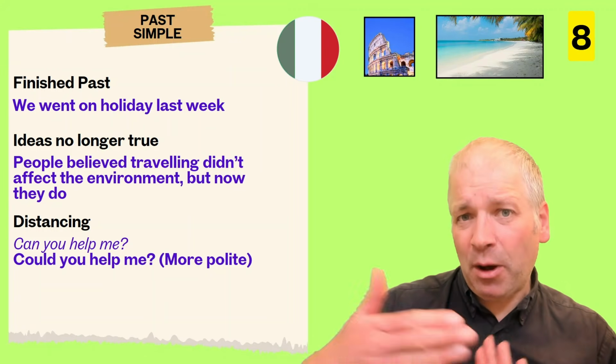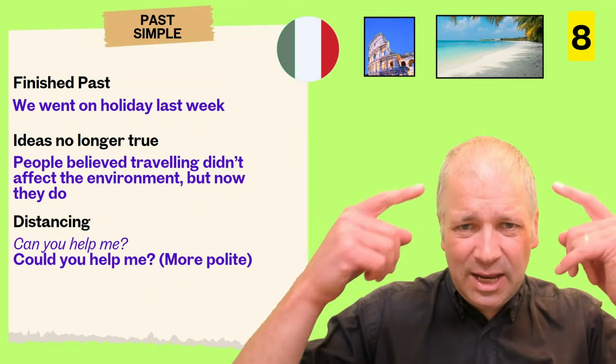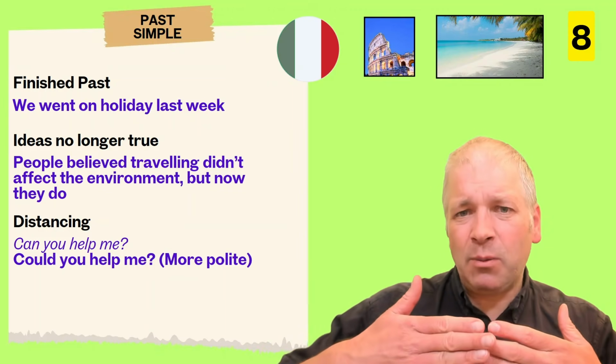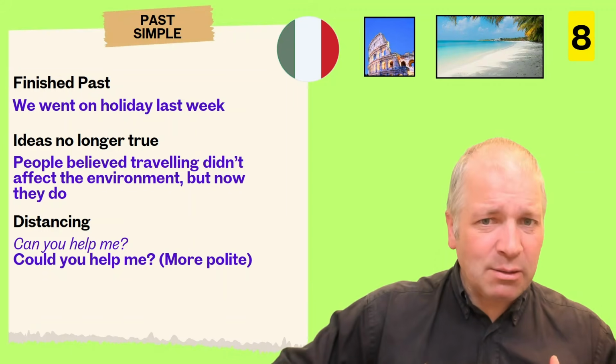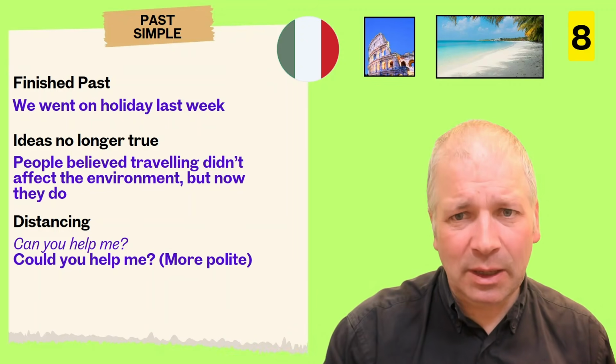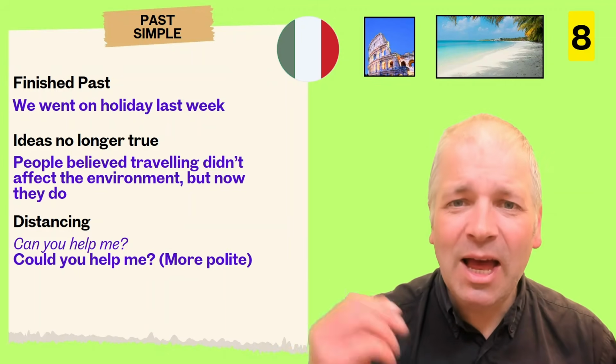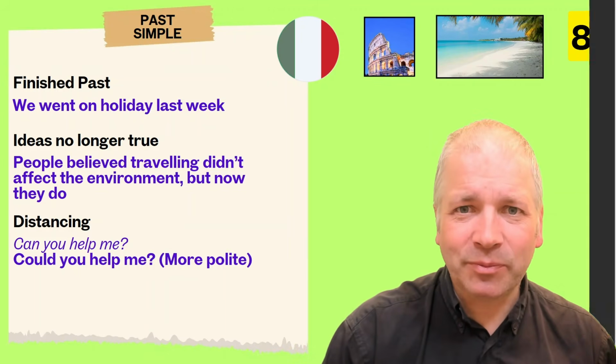If you make it past time, it creates distance in time, which creates this idea in your mind of distance between the request and the immediacy of how you should respond to it. It feels more distant to the recipient and therefore more polite.